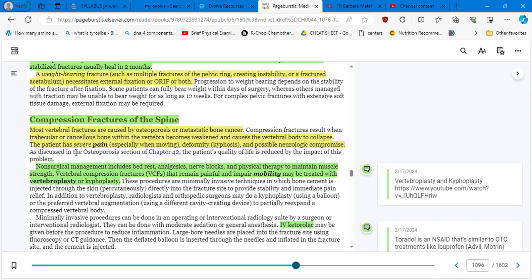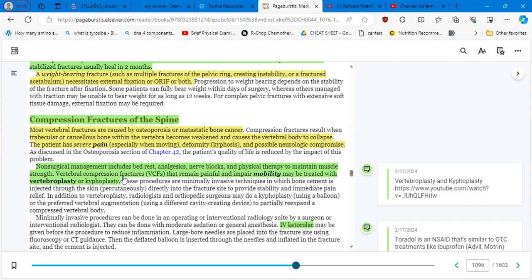The patient has severe pain, especially when moving, deformity, kyphosis, and possible neurologic compromise. Non-surgical management of compression fracture of the spine includes bed rest, analgesics, nerve blocks, and physical therapy to maintain muscle strength.